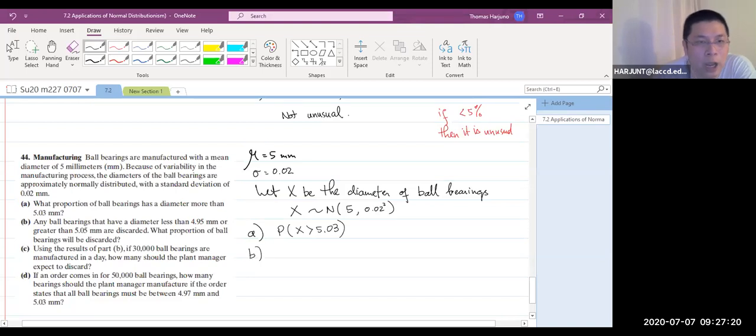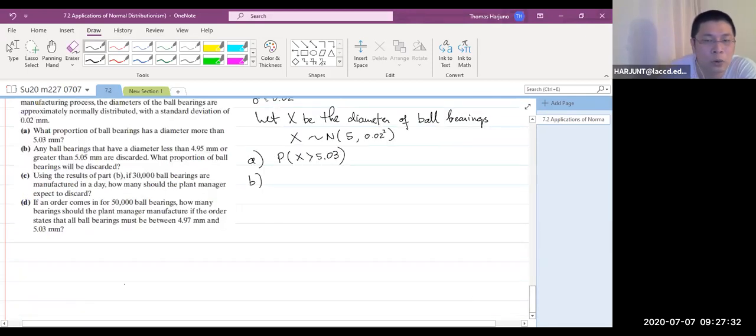Part B, any ball bearings that have diameter less than 4.95 or greater than 5.05 are discarded. So what happened is this. Suppose I go back to the curve. Where's my curve from earlier? I need to get my curve from the internet again. Well, anyway, let me just graph it.